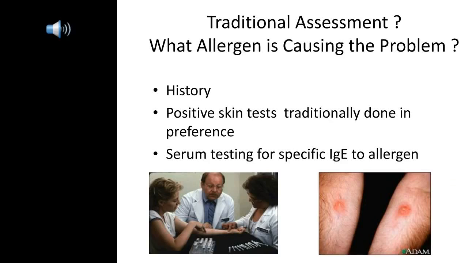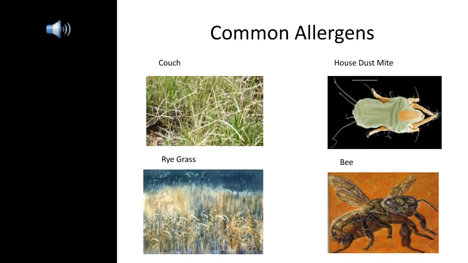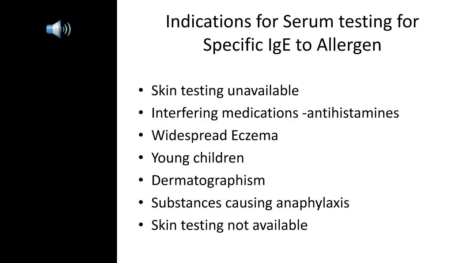Now, traditionally, skin testing has been what we've used for allergy testing, and this has been associated with history, positive skin tests, and preceded by specific IgE to allergens. And the common allergens we have in Australia are cat and house dust mite and bee and ryegrass.